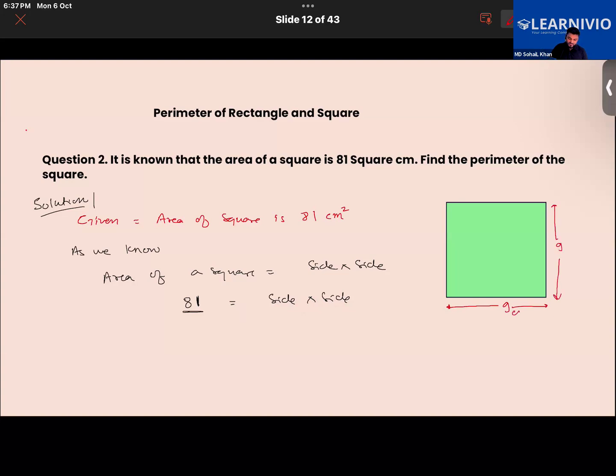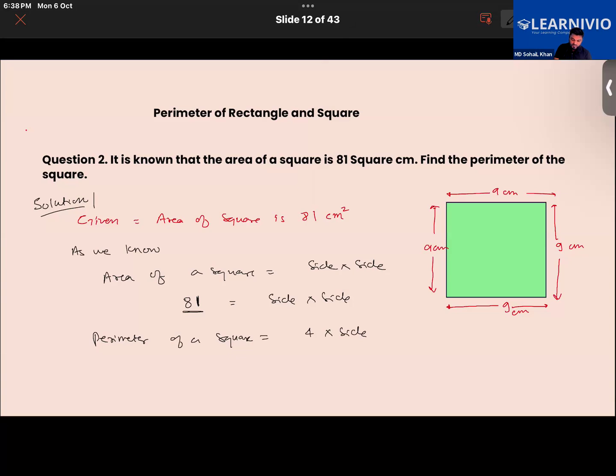So the side is 9 centimeter. Got it, Sai? Got it, Yusuf? So the sides are 9 centimeter each. Since you have got the side, calculation of the perimeter is very easy. The perimeter of a square is equal to 4 into side.